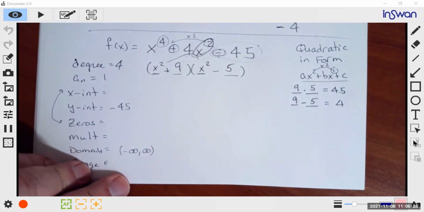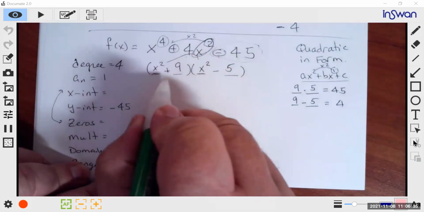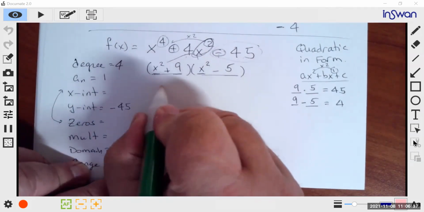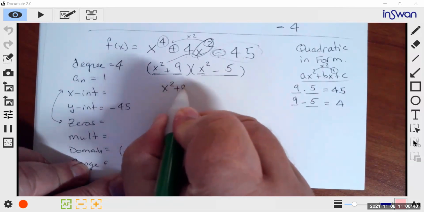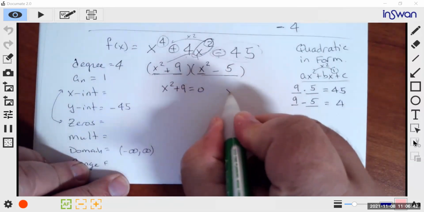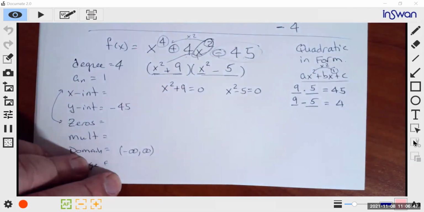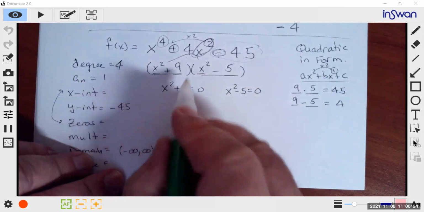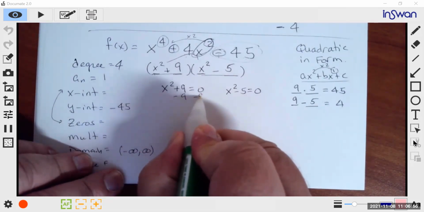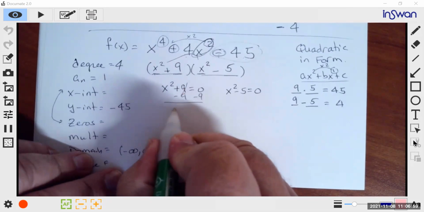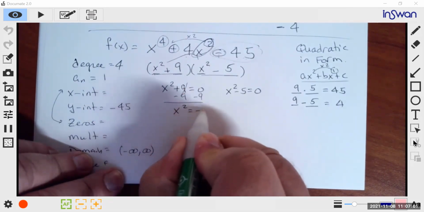Now what do you do? Exactly. Now we take both of these equations and set them equal to 0. Now we solve them. Subtract 9 from both sides. X squared equals negative 9.